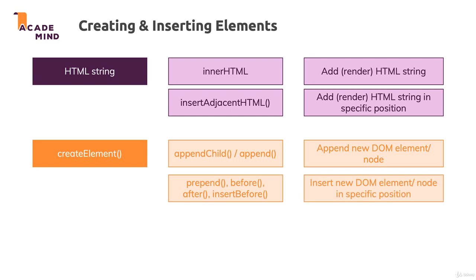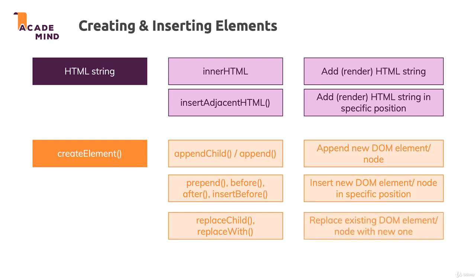So that can help you be more specific about the position where it should be added. And you can also replace an existing node with replaceChild or replaceWith. That's also possible and allows you to basically remove an existing element and replace it with a new one. So these are different ways of manipulating the document. Let's now have a look at them and understand their differences and when to use which.